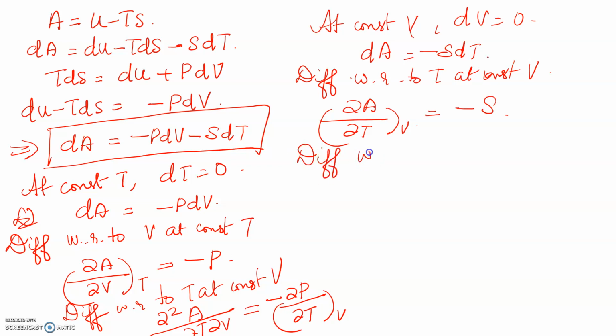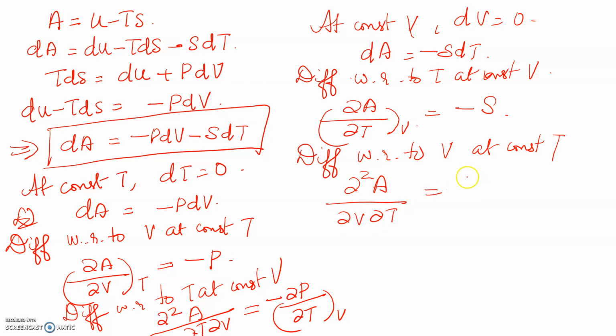Differentiating with respect to, here it's T, now it should be V at constant, here it's V, now it's T. So we can write ∂²A/∂V∂T is equal to minus of ∂S/∂V at constant temperature.